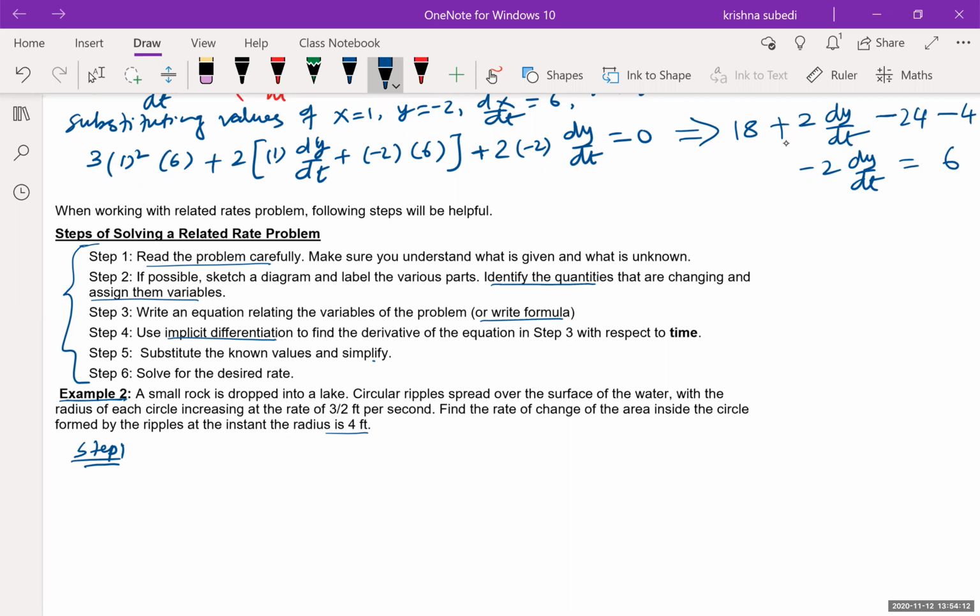So if you drop a rock in a lake, then you can see that the circular ripples actually spread over the lake. And it's increasing at the rate of 3 over 2 feet per second. And we need to find the rate of change of the area inside the circle formed by the ripples at the instant the radius is 4 feet.